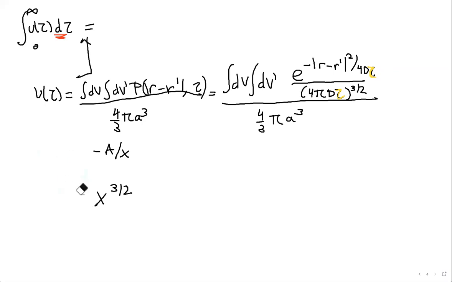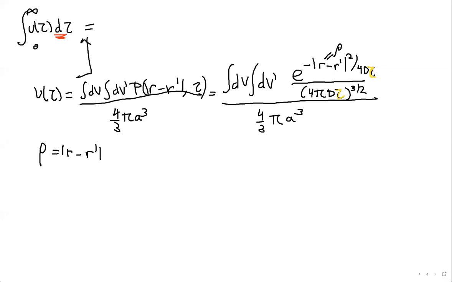So I'm going to integrate first over tau and then integrate over the volumes. So integrating over tau, what I'll get is the following. Let me call this rho. So I defined rho as the absolute value of R minus R prime. So this is the distance between two points.